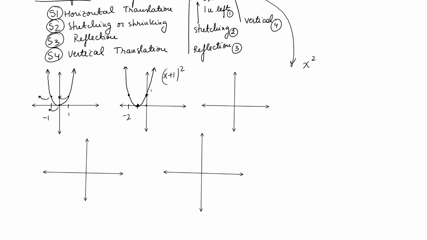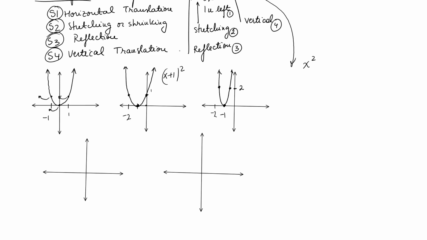Then we have stretching with 2 units. So this graph that we had here is going to stretch a bit, right? So it's not going to be as open as it was before. Now the point at -2 is going to go all the way up to 2 instead of 1, right?